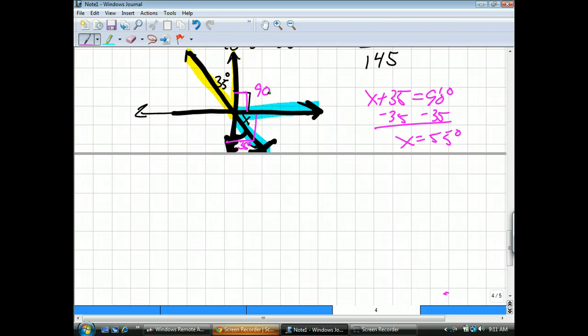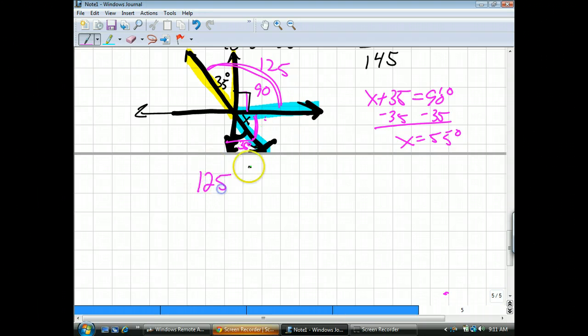Another way we could have done it is we know that this is 90, and 35 and 90 is 125. So this is 125. And this angle plus this angle equal a straight angle. So we could say 125 plus x equals 180 degrees.